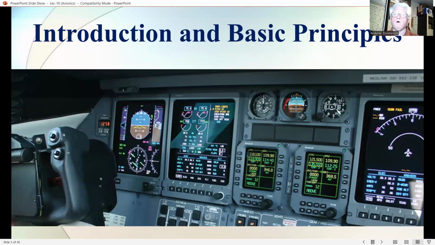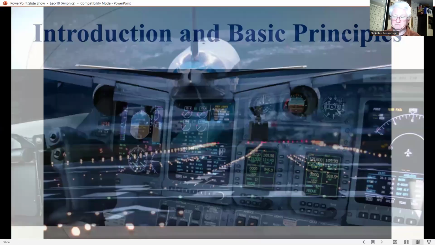The measurement of the aircraft attitude with respect to the horizontal plane in terms of the pitch and bank angle and its heading, that is the direction in which it is pointing in the horizontal plane with respect to the north, first of all, okay? And this is essential for both control and guidance.